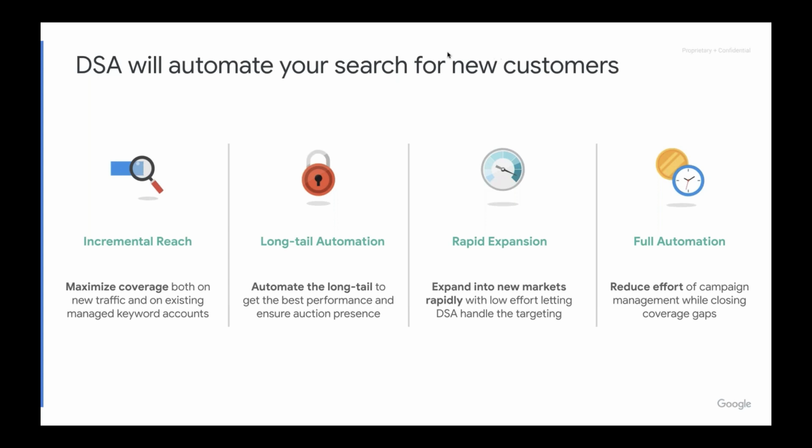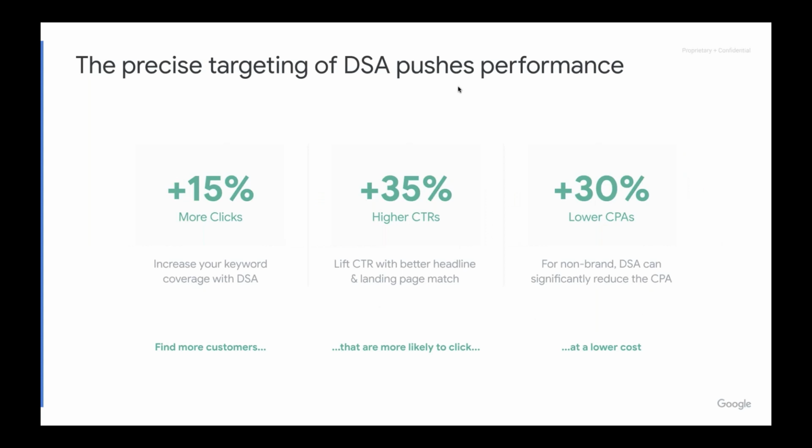So really going for long tail automation and helping you expand rapidly, covering the gaps and reducing the effort of campaign management. A lot of customers right now are using that, and on average we see a tremendous uplift in the number of conversions, but it's also more efficient. On average, customers see a 30% decrease in their cost per acquisition.